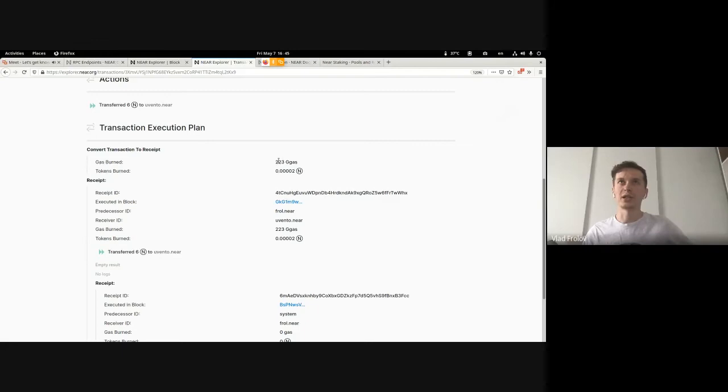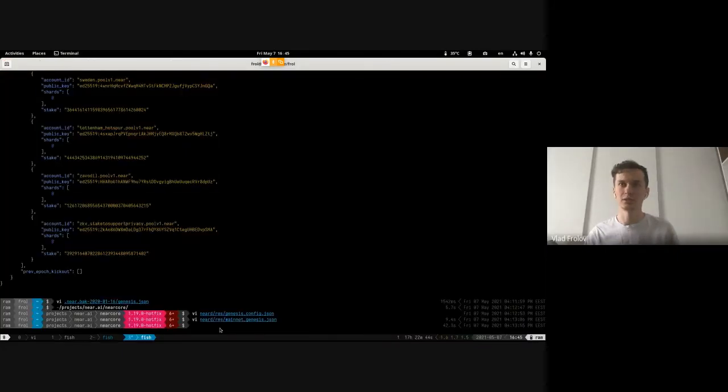All those fees are configured in the protocol config that we saw in the mainnet Genesis file.